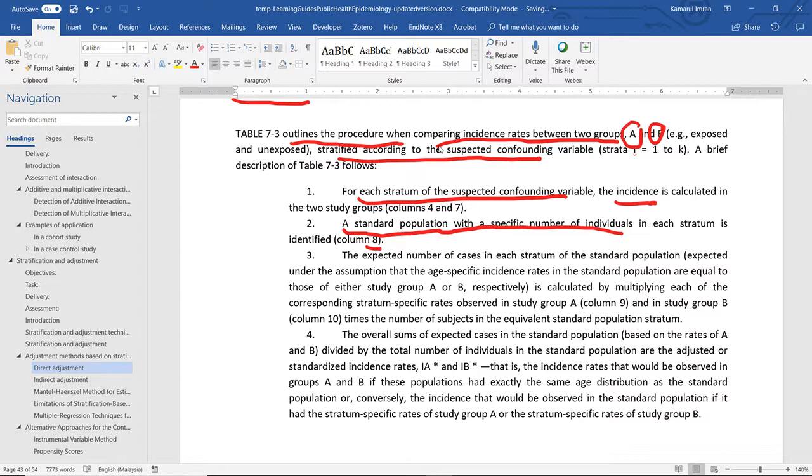Then you calculate the expected number of cases in each stratum of the standard population, so you get column 9, and in column 10, the number in the equivalent standard population stratum. Then you get the overall sums of expected cases in the standard population.